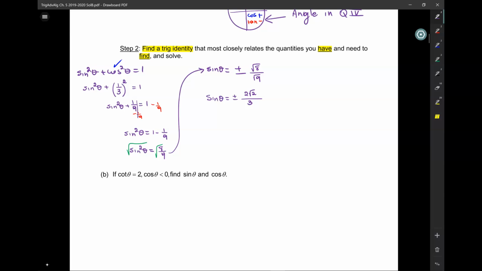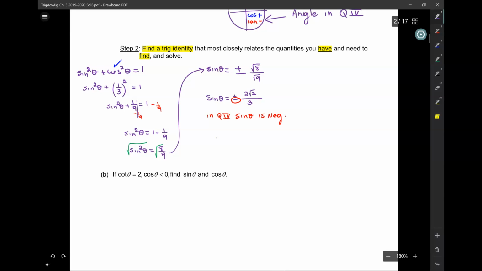I don't know how you got 2. So I had root 8 over root 9. 4 times 2. No, it's not one of the special angles. Because my angle is in quadrant 4, I have to pick the negative sign. In quadrant 4, sine of theta is negative.